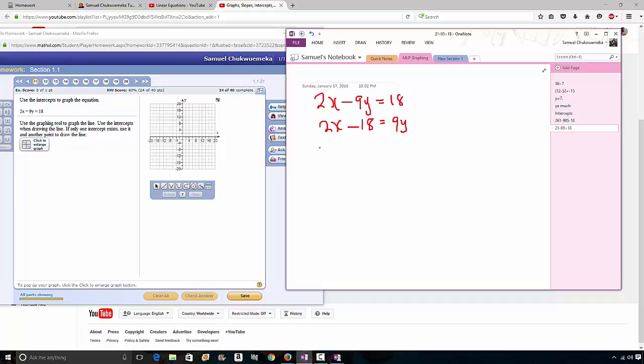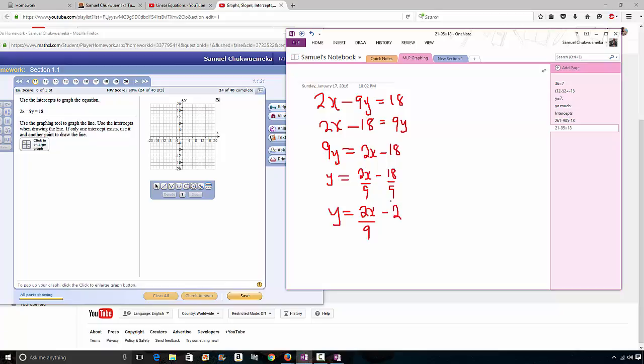Then I swap this, so 9y is equal to 2x minus 18. You divide everybody by 9, so y is 2x over 9 minus 18 over 9. So y will be 2x over 9 minus 2.